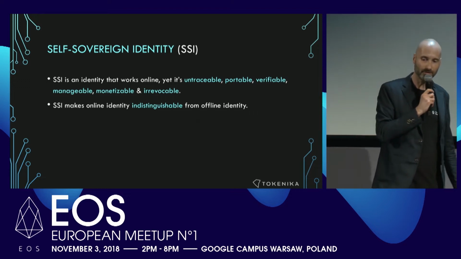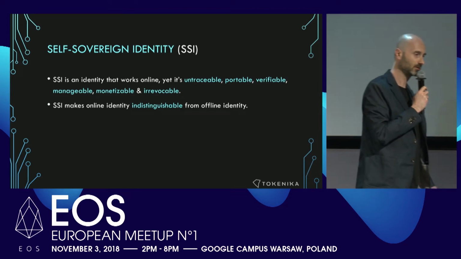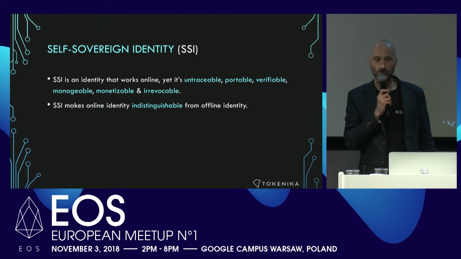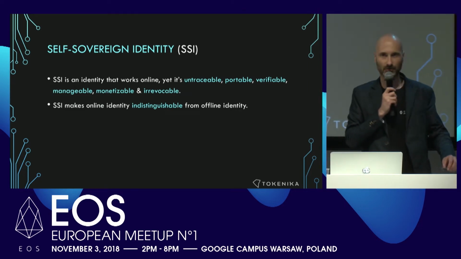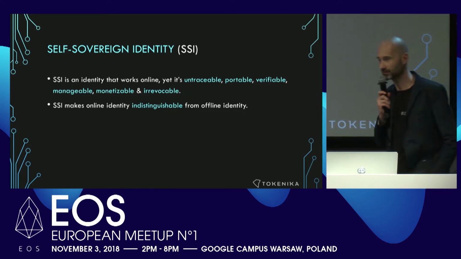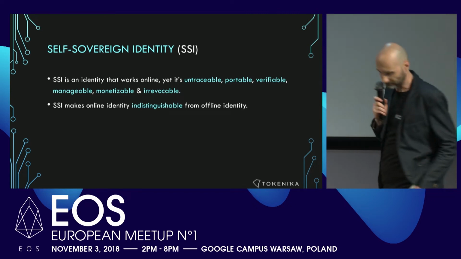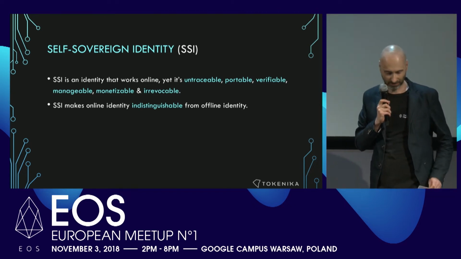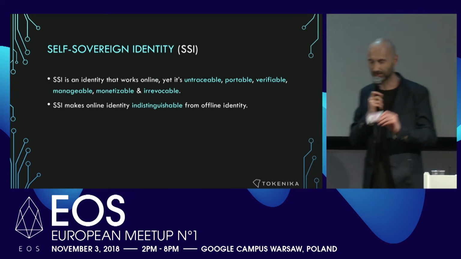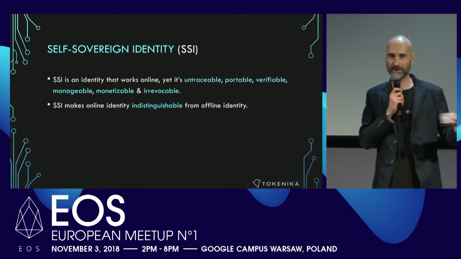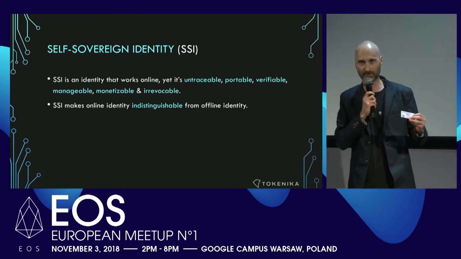And the funny thing is that actually we make it work really similar to offline identity. So for example, for offline identity, we have an ID card, and when I present my ID card to anyone, nobody else knows about this, and also nobody can take it away from me.